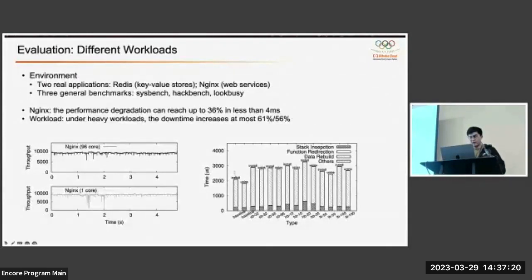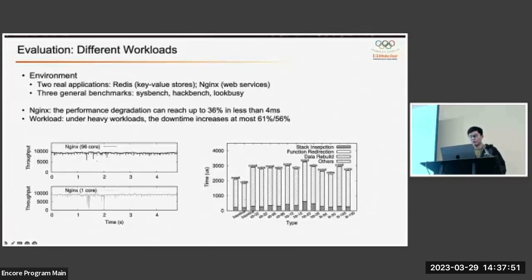The left figure shows the per-core processing throughput of Nginx when we update the scheduler with plug-skewed. In the upper part, all the 96 cores are used by Nginx. Plug-skewed starts to update the scheduler at this point, and the update ends at time 1.6 seconds in the upper part.